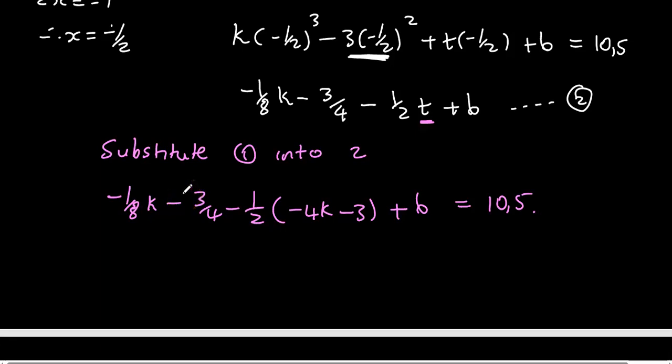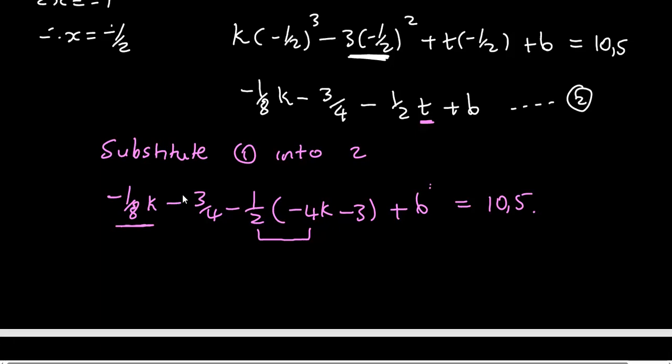So let's start by multiplying out the bracket. Let's take the 6 to the other side. If we solve this, we're going to leave the minus 1 over 8k this side, so that we can add it with positive 2k.